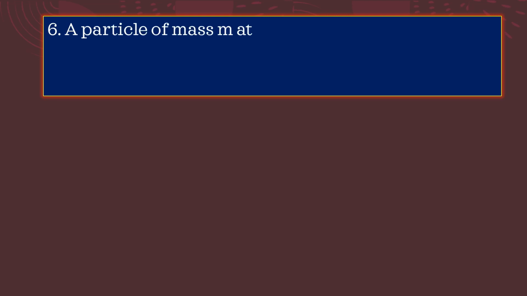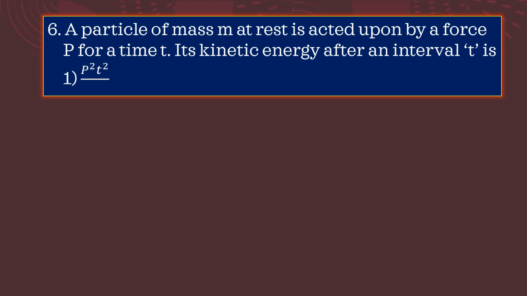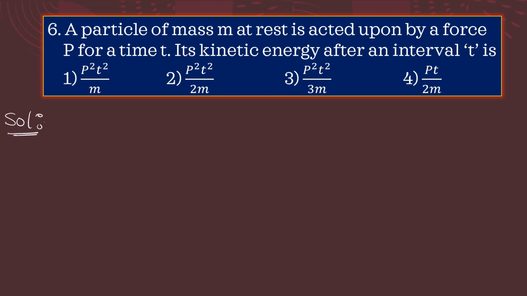A particle of mass m at rest is acted upon by a force P for a time t. We have to calculate its kinetic energy after interval t. Now let us go to the solution. Here, in the question they have given a particle of mass m.